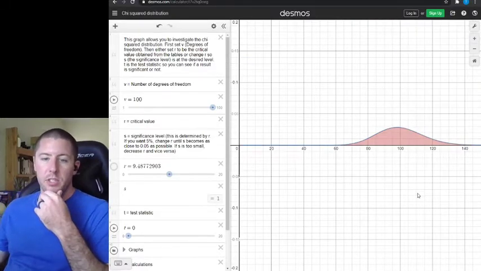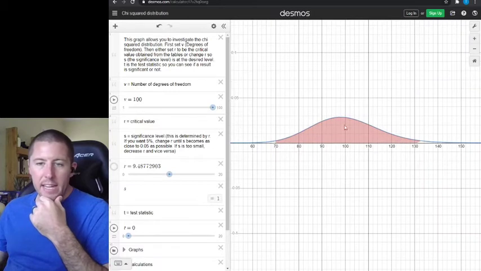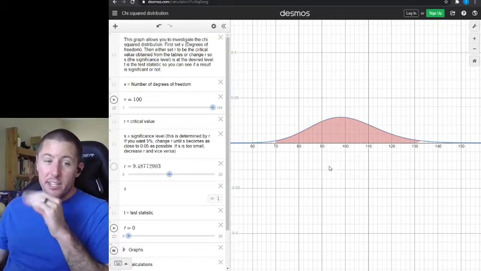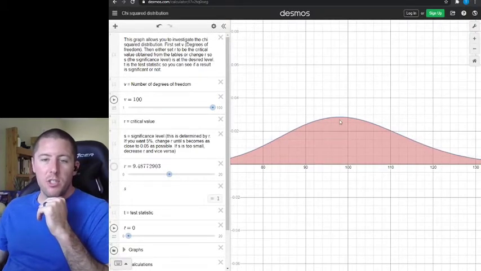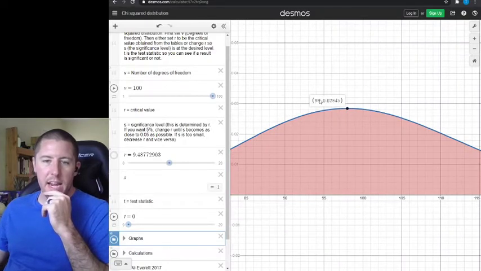There we go, so that we can actually see it. Notice that now that we're out at like 100 degrees of freedom, I can tell that this right tail is still a little bit longer than the left tail, but this is looking pretty dang close to being normal here. And notice that when we're at 100 degrees of freedom, the maximum value occurs when our x value is at 98.